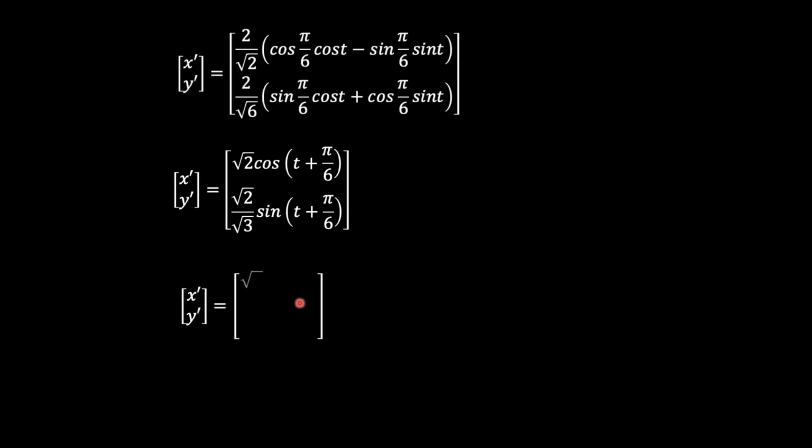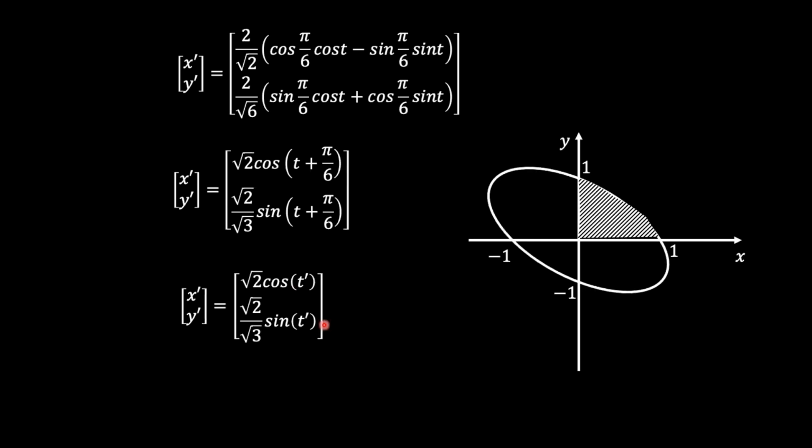So this now gets simplified to root 2 cosine of t minus pi over 6, and root 2 over root 3 sine of t plus pi over 6. Since the phases here are the same, we could bring in a new t prime. So for the x, we have root 2 cosine t prime, and then for the y, we have root 2 over root 3 sine t prime.